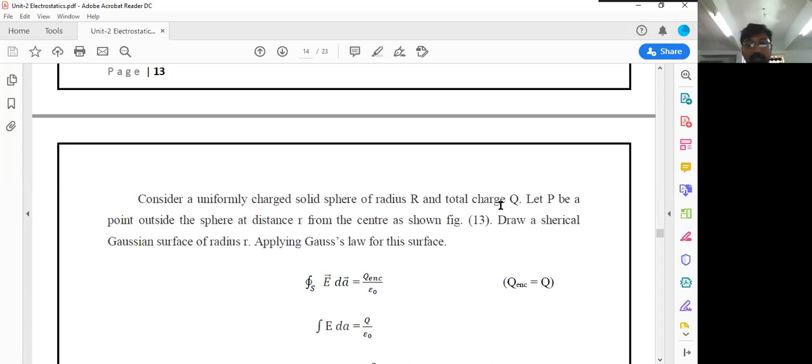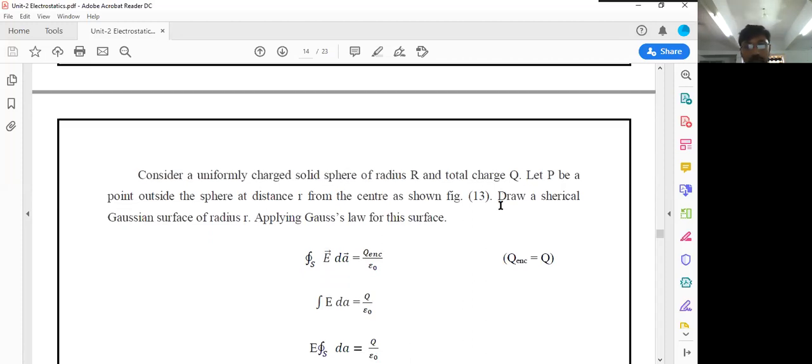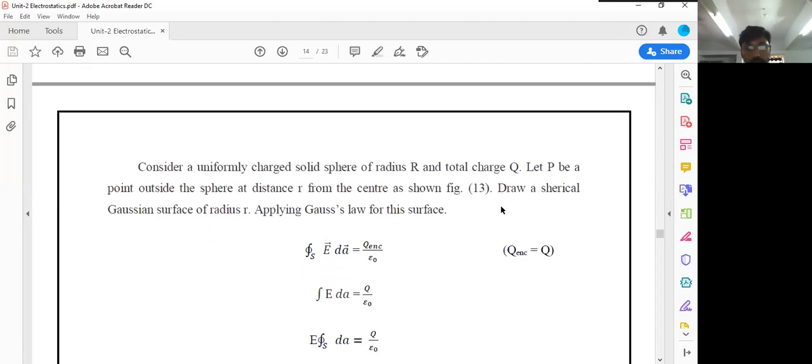So in E dot dA, the direction of E and dA is the same, so the angle between them is 0, and E dot dA is E dA cos theta, where cos 0 is 1. So the next step: the integral of E dA is equal to Q upon epsilon 0.